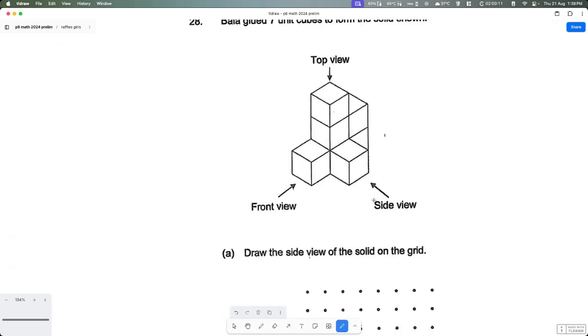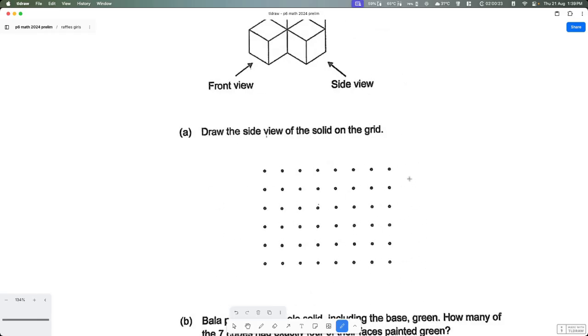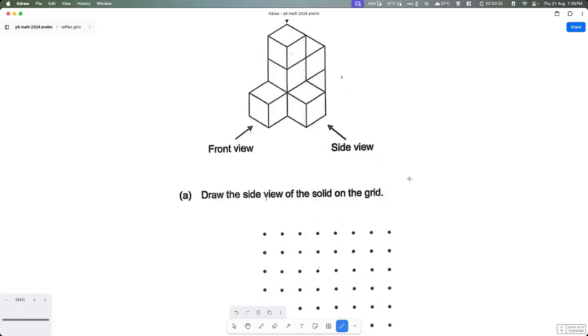Question 27. Bala glued 27 unit cubes to form the solid below. 1, 2, 3, 4, 5, 6, in the middle 7. Draw the side view on the grid over here. So let me just draw, in this case, this is 1.